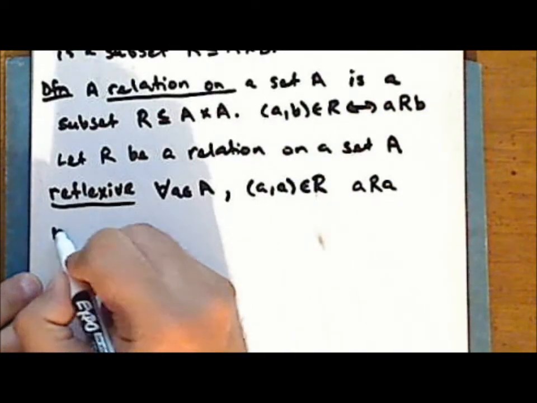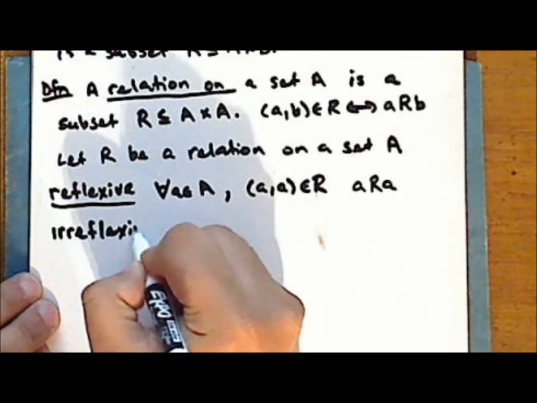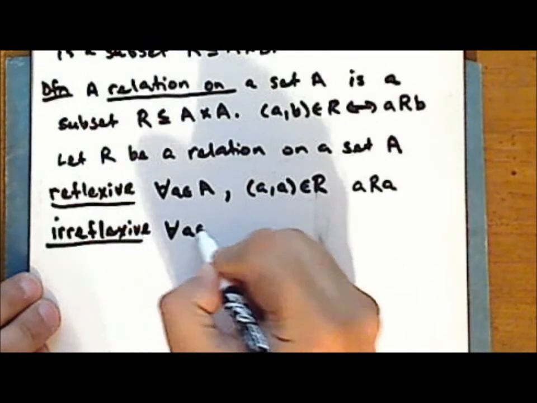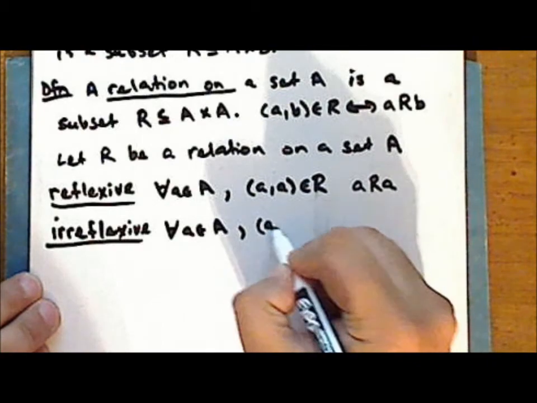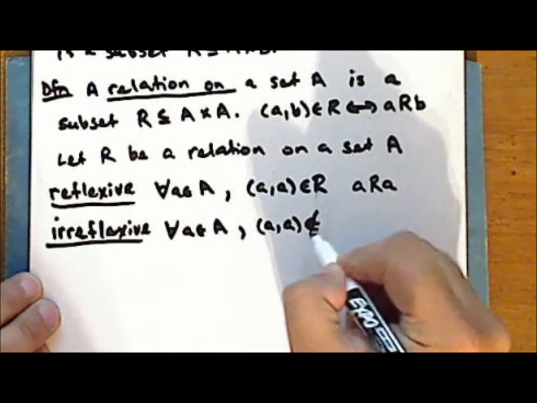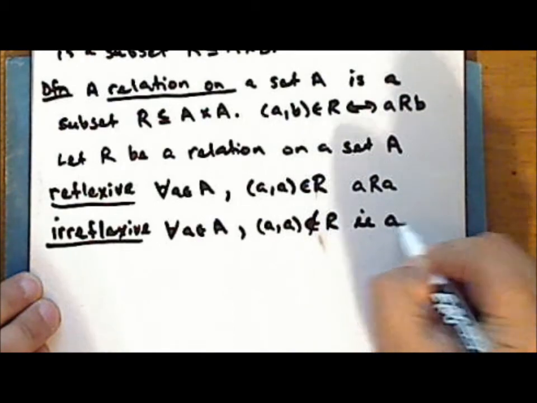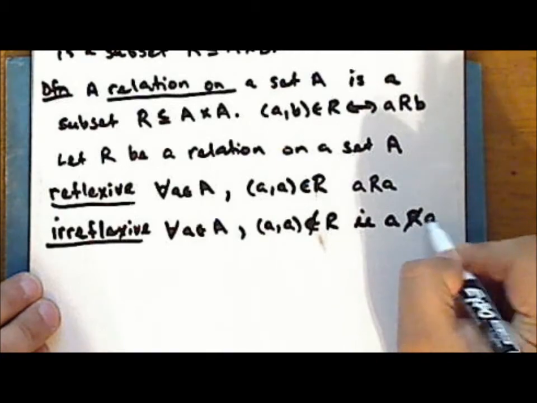A relation is said to be irreflexive if for every element a in the set A, the ordered pair (a, a) is not in the relation. That is, the element a is not related to itself.